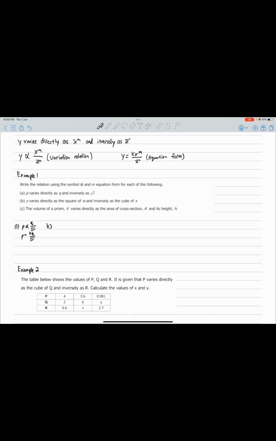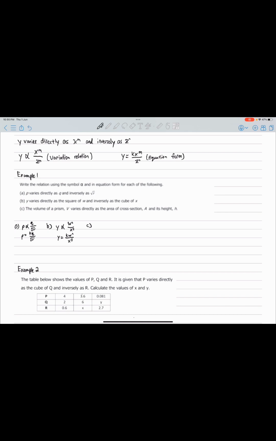So it is y equals k w square over x cube.